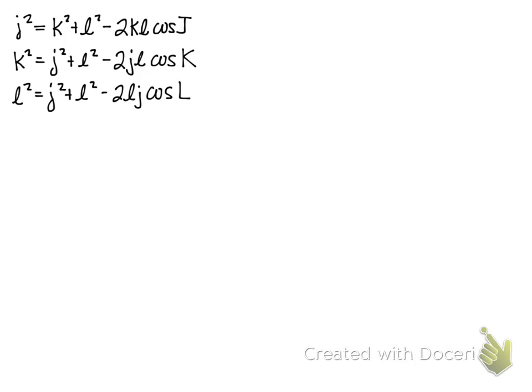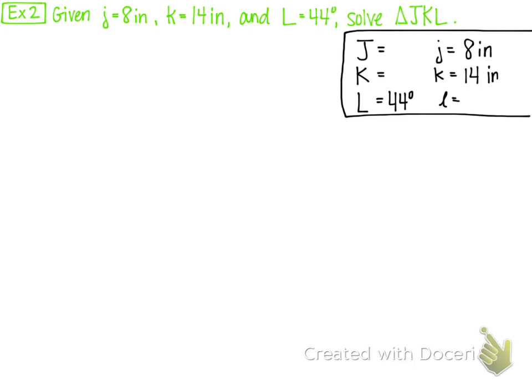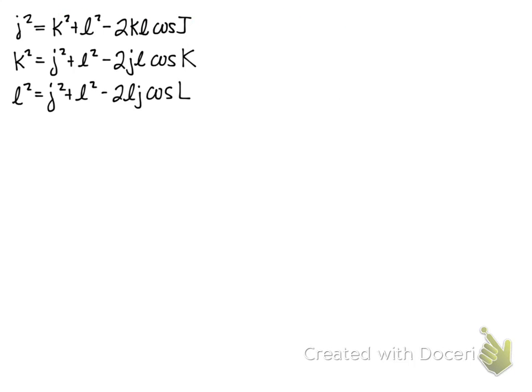So we need to decide which one we can actually find first here. Remember, we're given little j, little k, and big L. So I'm going to go through and highlight little j, little k, and big L. Okay.